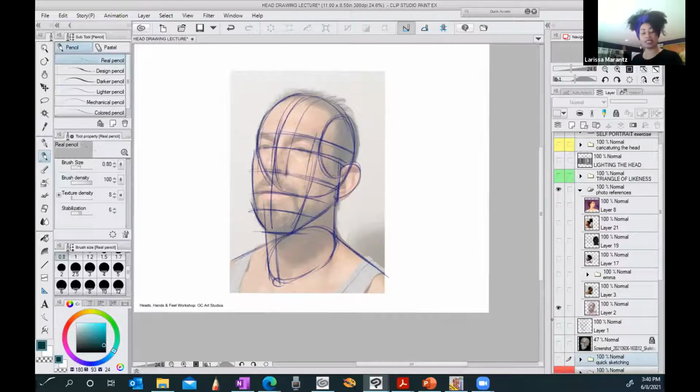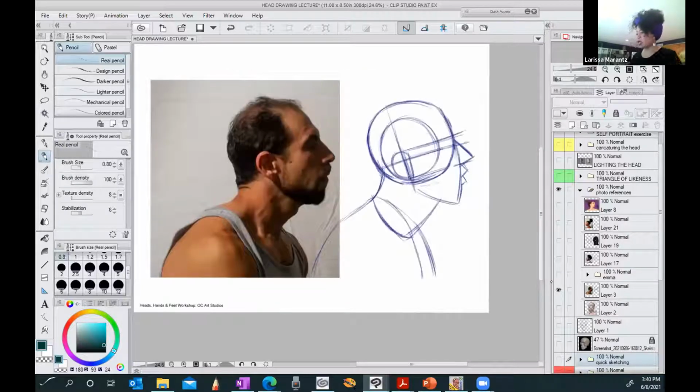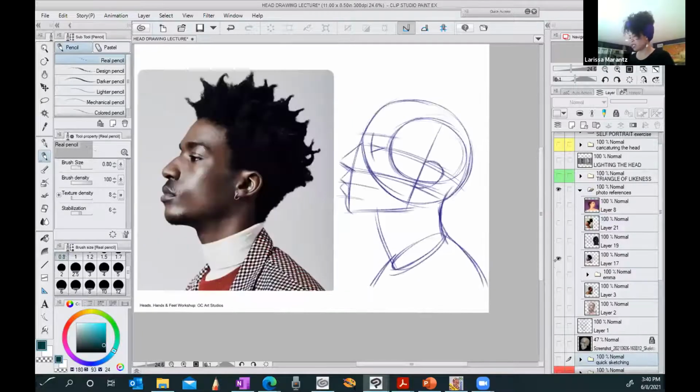It's not going to be the same as the ideal head, because everybody's head is different, but you want to practice drawing heads, breaking them down in construction. That's how it will help you understand drawing head shapes.